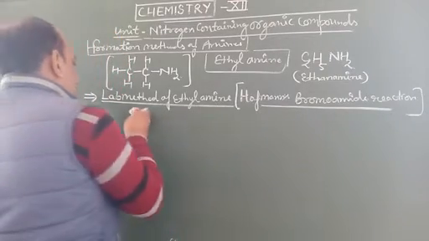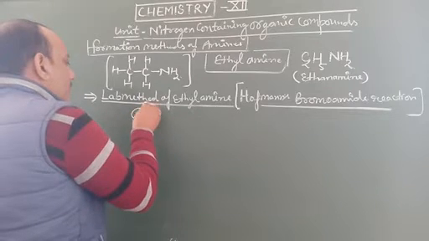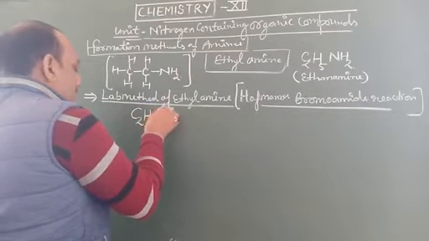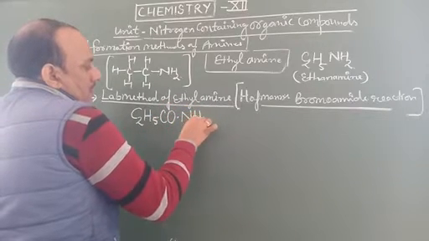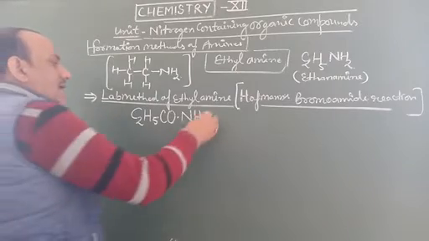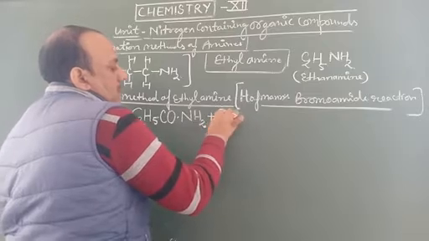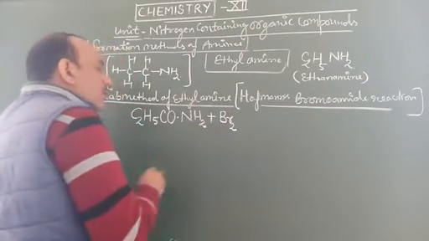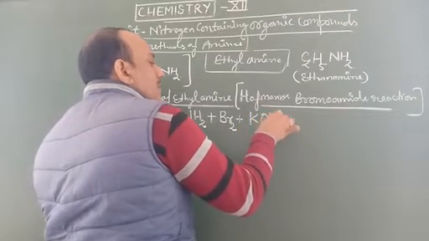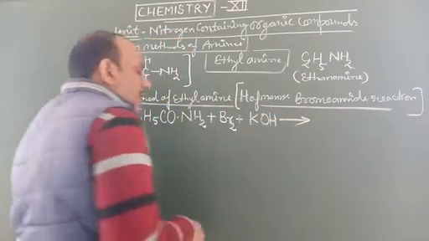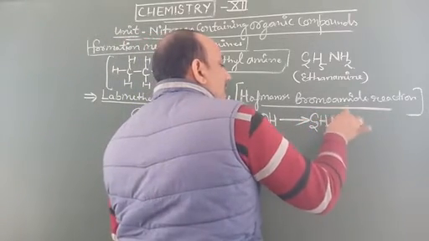propionamide, the formula of propionamide is C2H5CONH2, reacts with bromine and caustic potash, bromine Br2 and caustic potash KOH, to form ethylamine C2H5NH2.